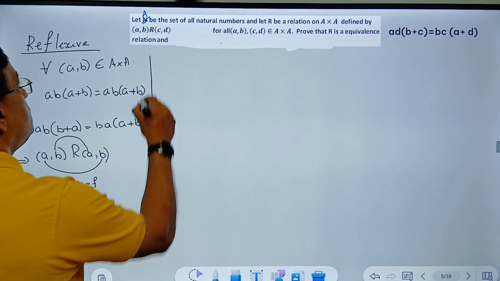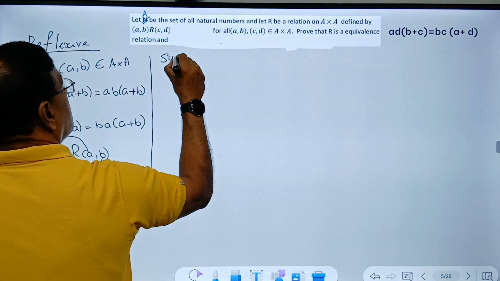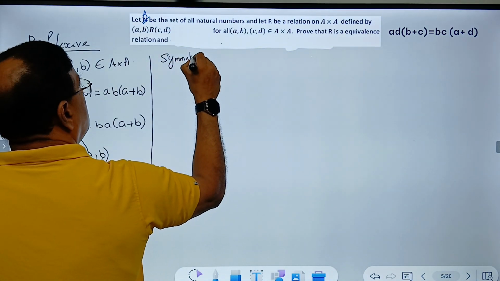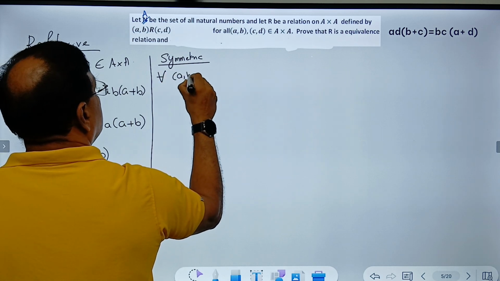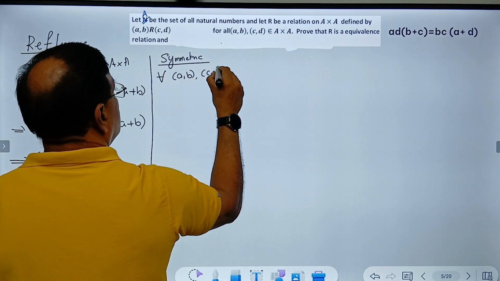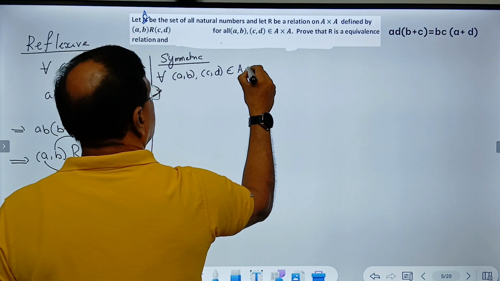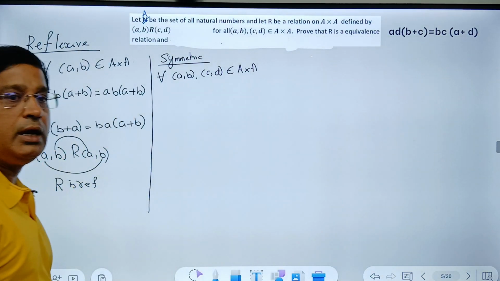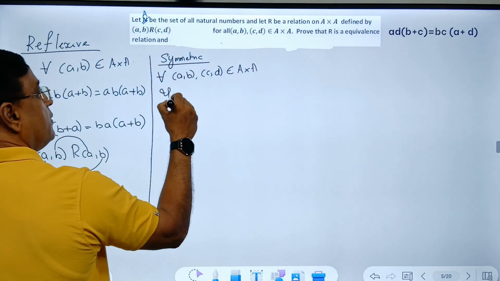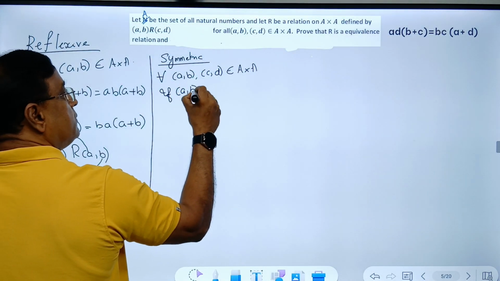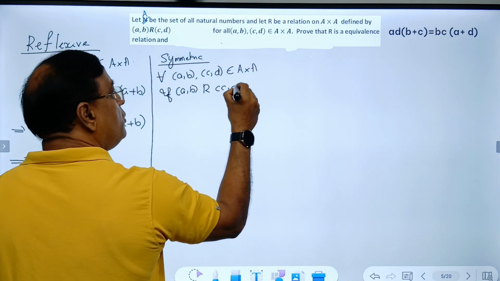Now I want to prove symmetry. How many elements should I choose? For every (A, B) and (C, D) belongs to A cross A, if (A, B) is related to (C, D), what do you know?